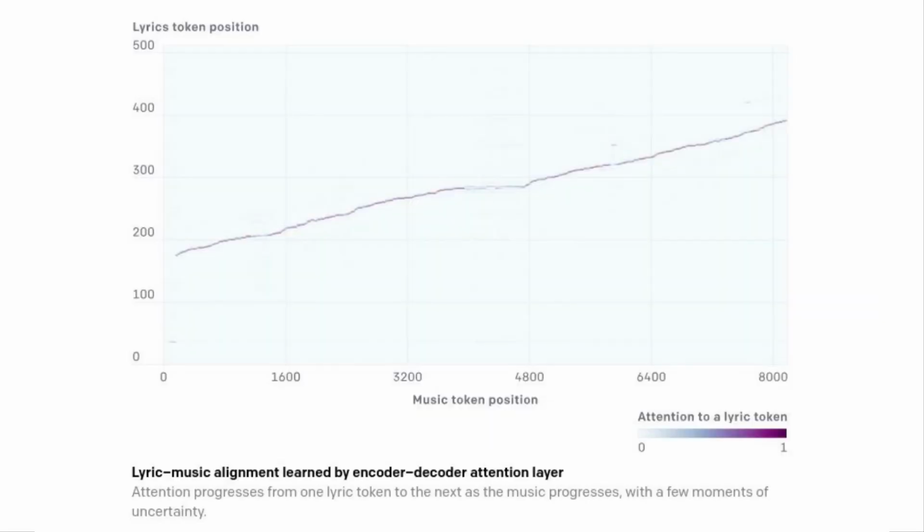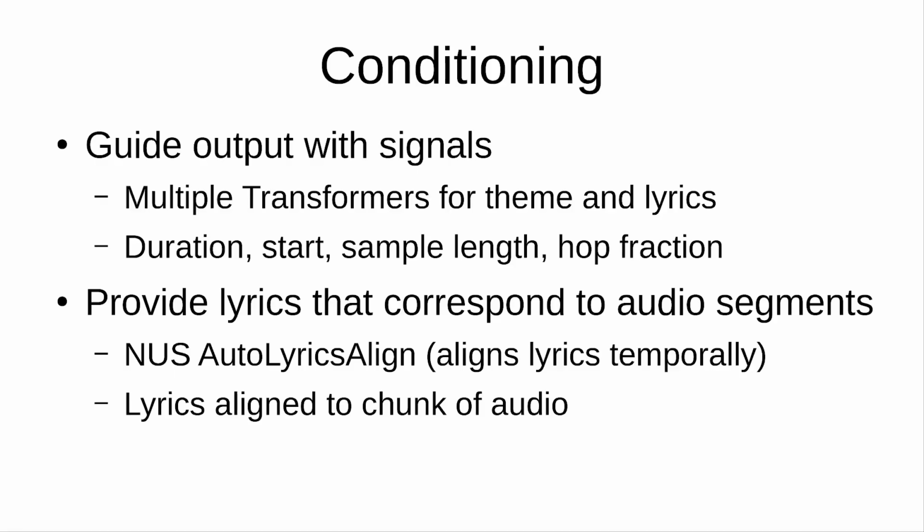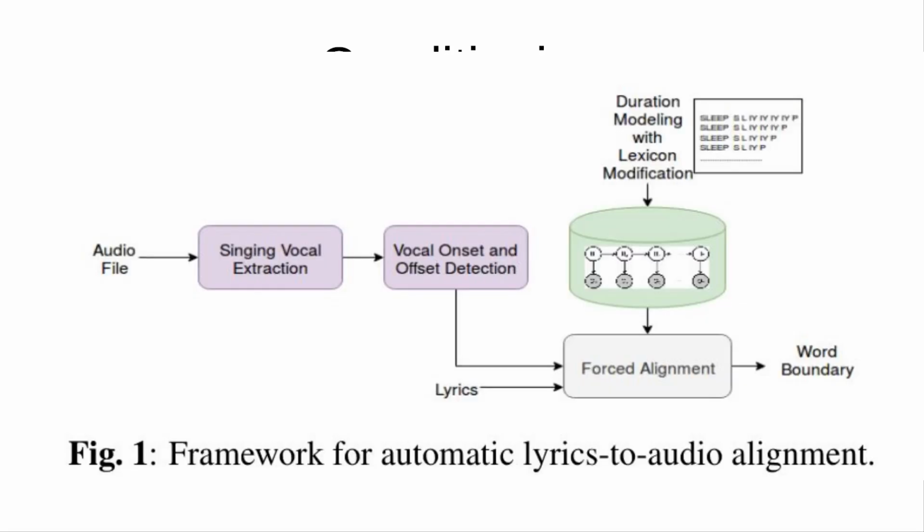Additionally, they wanted to add lyrics to these generated samples. Now, there already were lyrics generated, but they came out as babbling and incoherent. So to generate coherent lyrics, they trained another model to align lyrics to a chunk of audio.